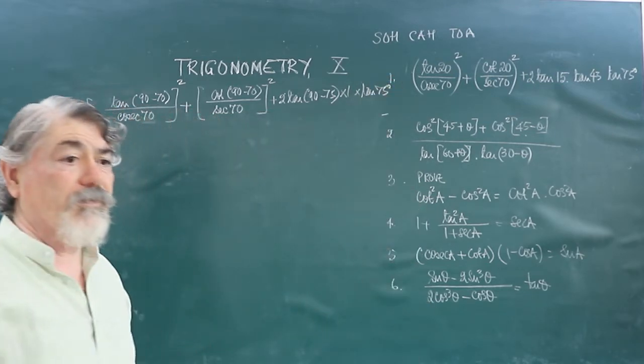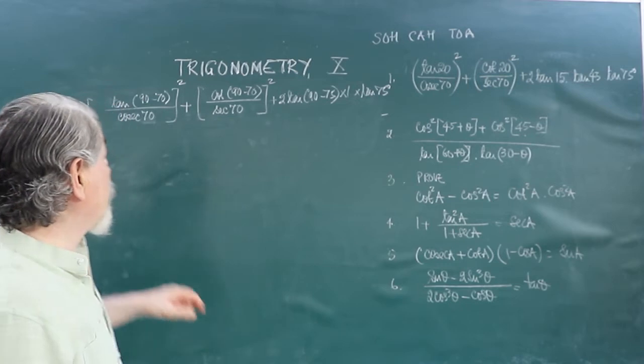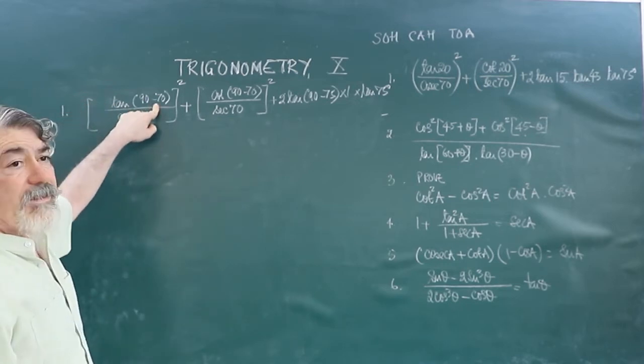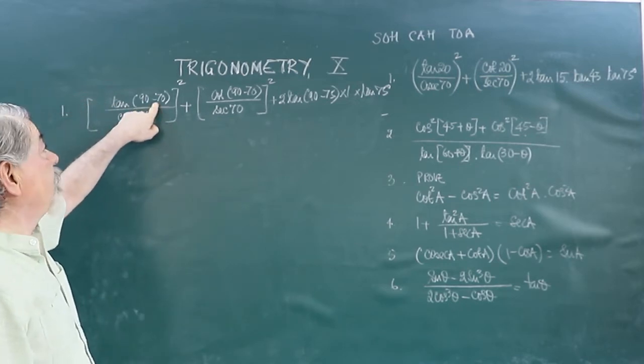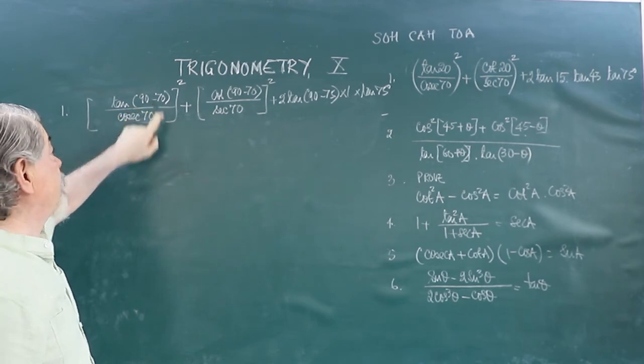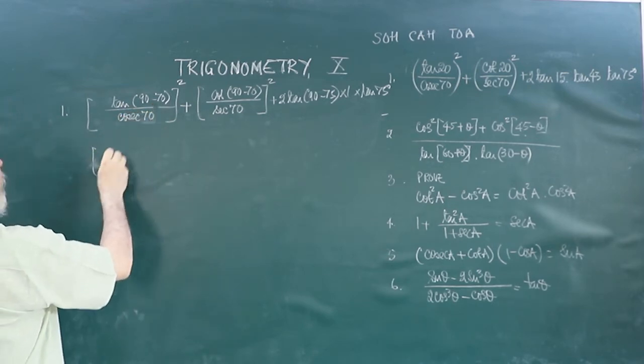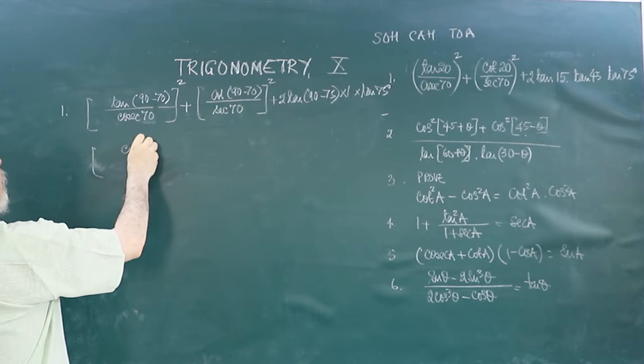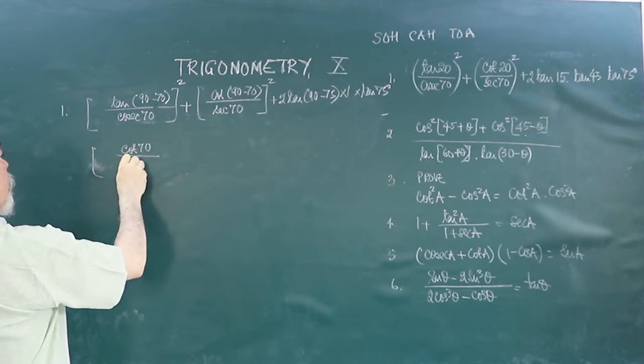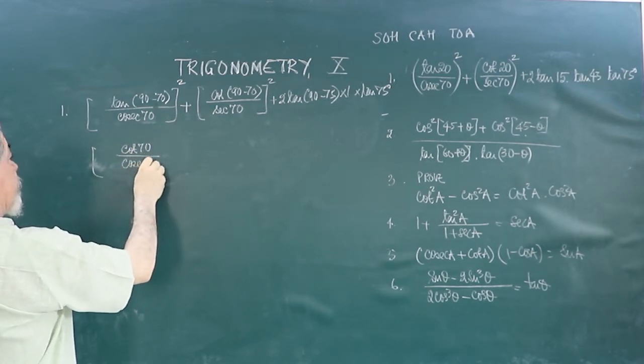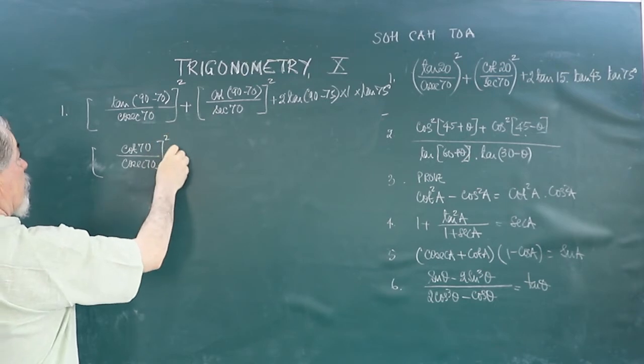Now let us solve in the next line. What happens? Tan 90 minus theta will be cot theta. Tan 90 minus 70 will be cot 70, upon cosec 70 whole square.